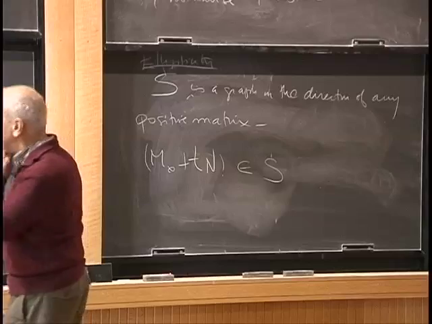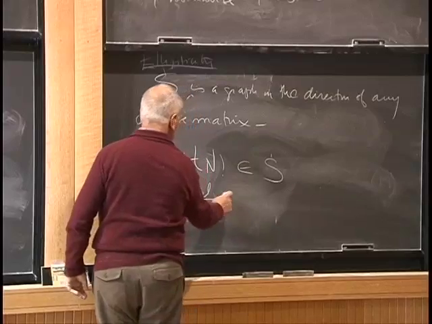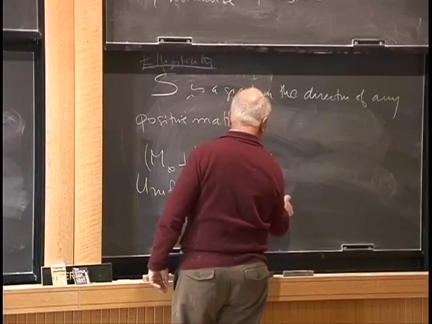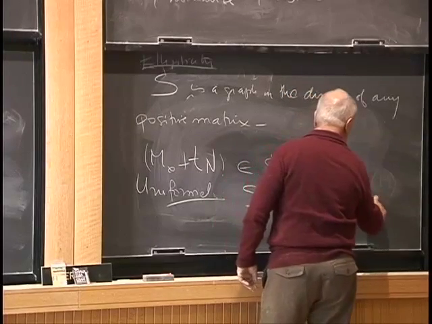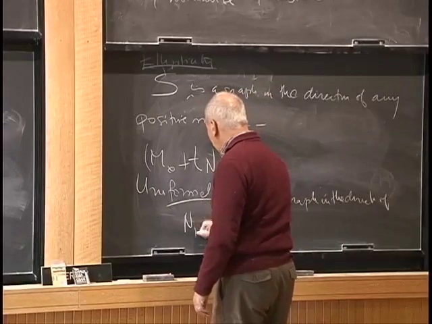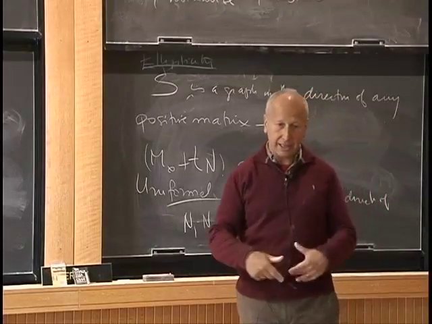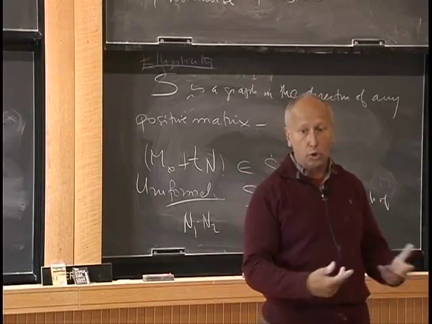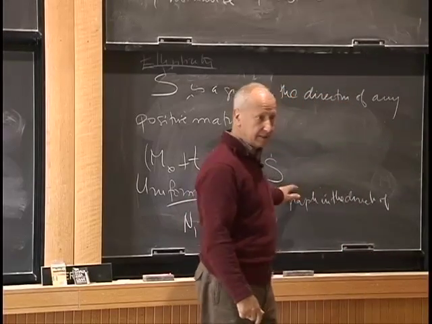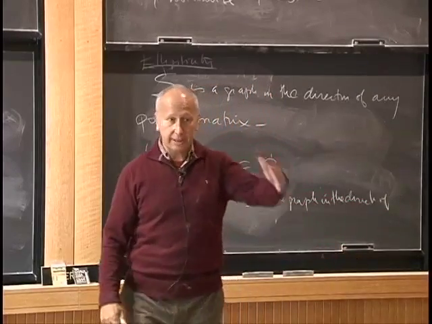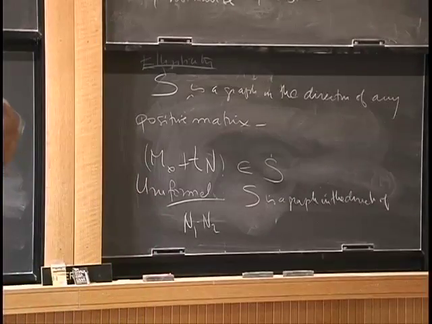So uniform ellipticity implies that S is a graph in the direction of n1 minus n2, provided n2 is a small multiple of n1, provided that the largest eigenvalue of n2 is a small multiple of the largest eigenvalue of n1, which means that S is a Lipschitz surface. Okay, if you take the direction of the identity, for instance, S is a Lipschitz surface.